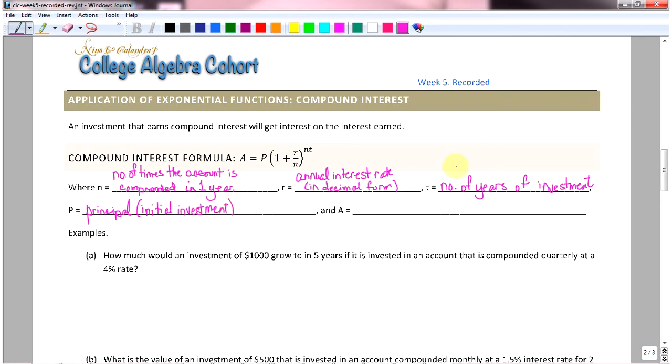And lastly, A represents the amount in the account after t years. Okay, so now that we know what all of our variables represent, let's go through some examples of applying this formula.